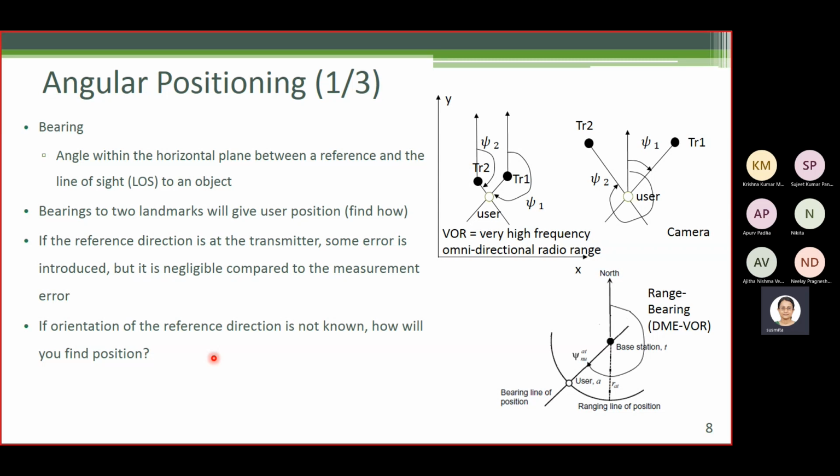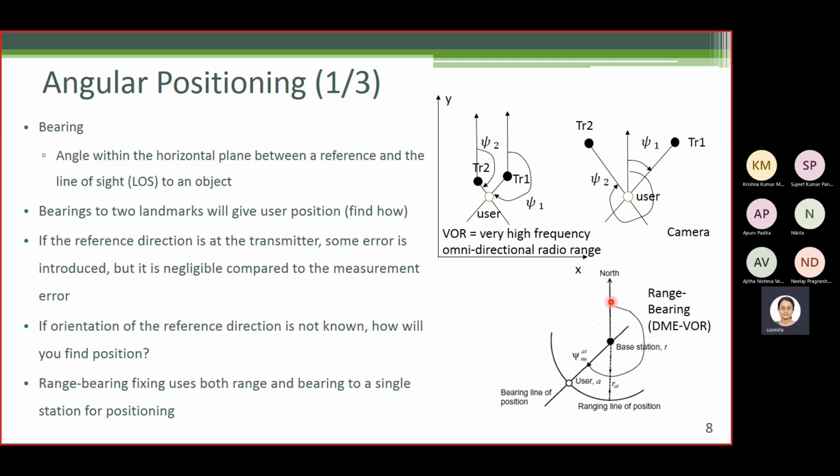Now, is it possible to combine range and bearing? Yes, it is possible. The system is called a range bearing system. In a range bearing system, we find the range to the transmitter as well as the bearing. Here this is shown.